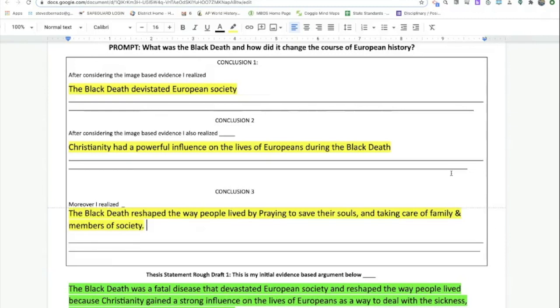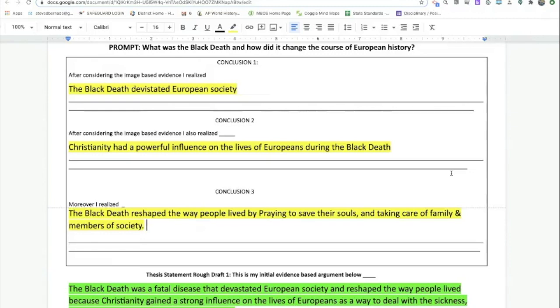Because Christianity gained a strong influence on the lives of Europeans as a way to deal with all the sickness that they had to deal with, all the suffering, the pain, the loss. So they turned to Christianity to pray in order to save the souls of the people who died and deal with the sickness and suffering of the people who lived.